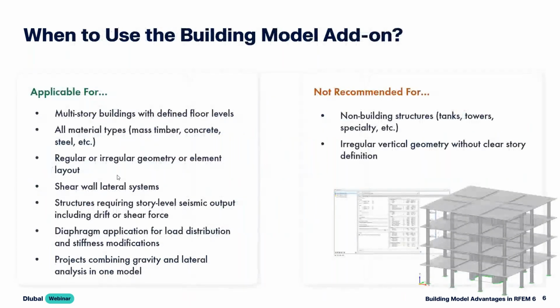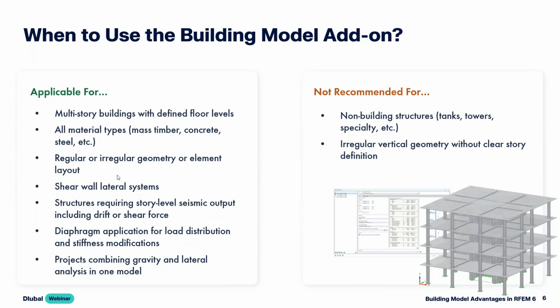So the next question that we often get asked is when to use the building model add-on within our RFEM 6 program. So over on the left, I have some applications here that we may consider utilizing this add-on. So certainly for multi-story buildings with defined floor levels, and it really is applicable to all material types.